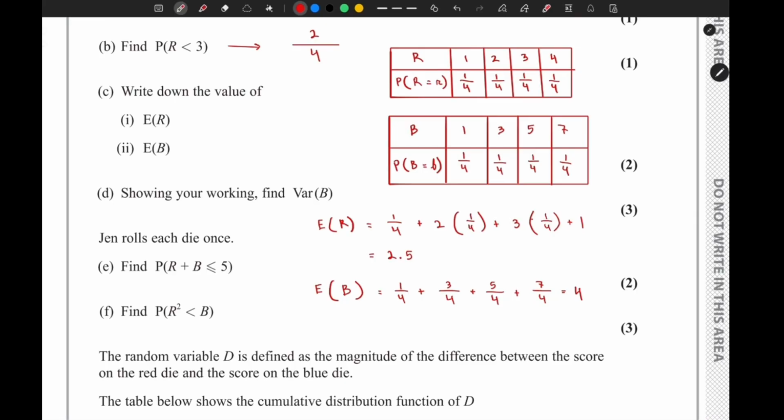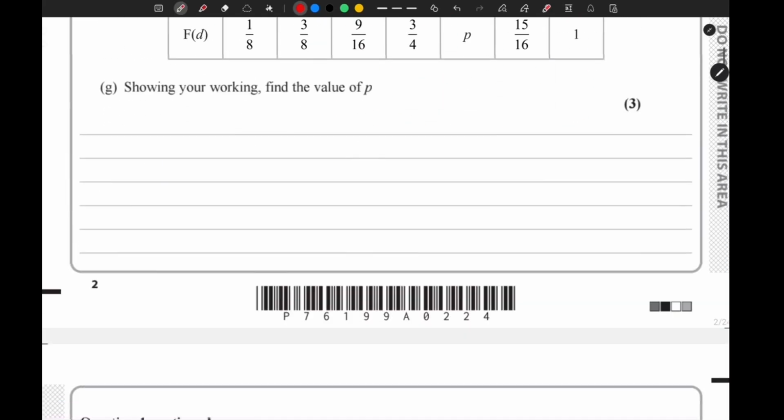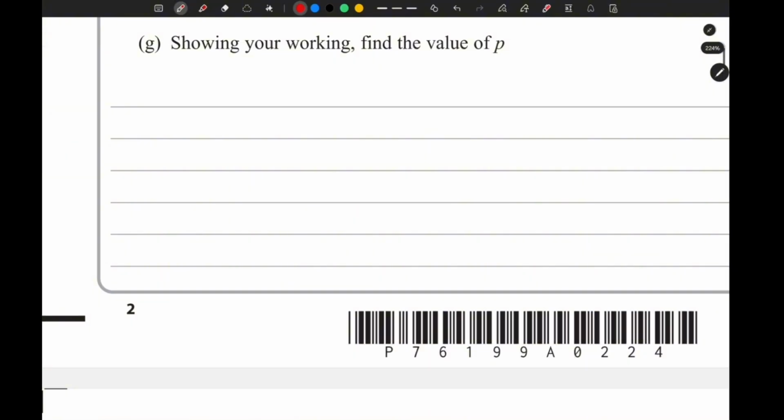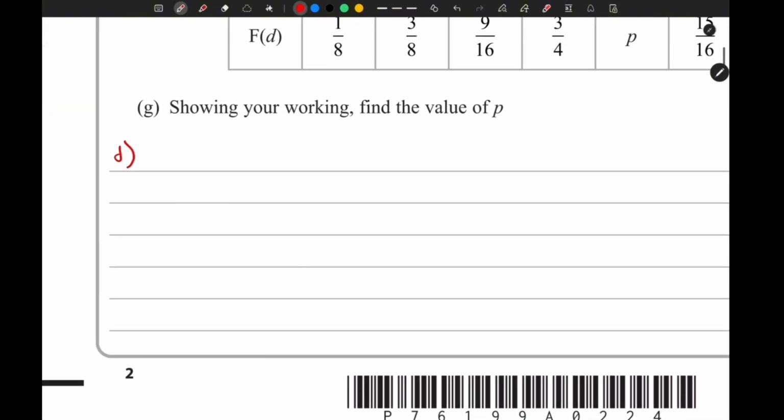Now for the next part, we need to find the variance of B. We know that the variance of B can be written as E(B squared) minus E(B) whole squared.